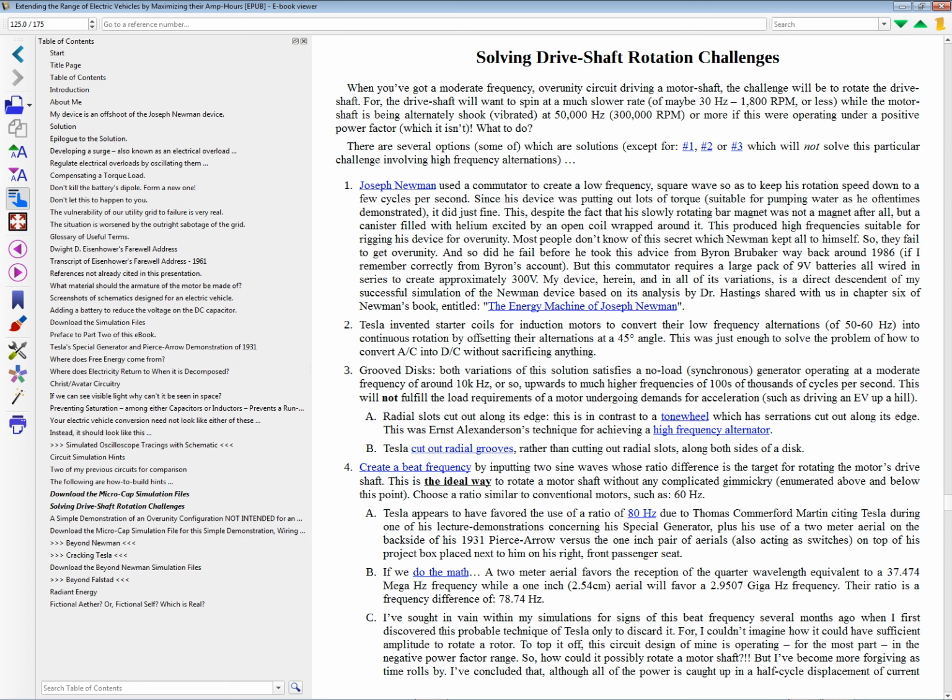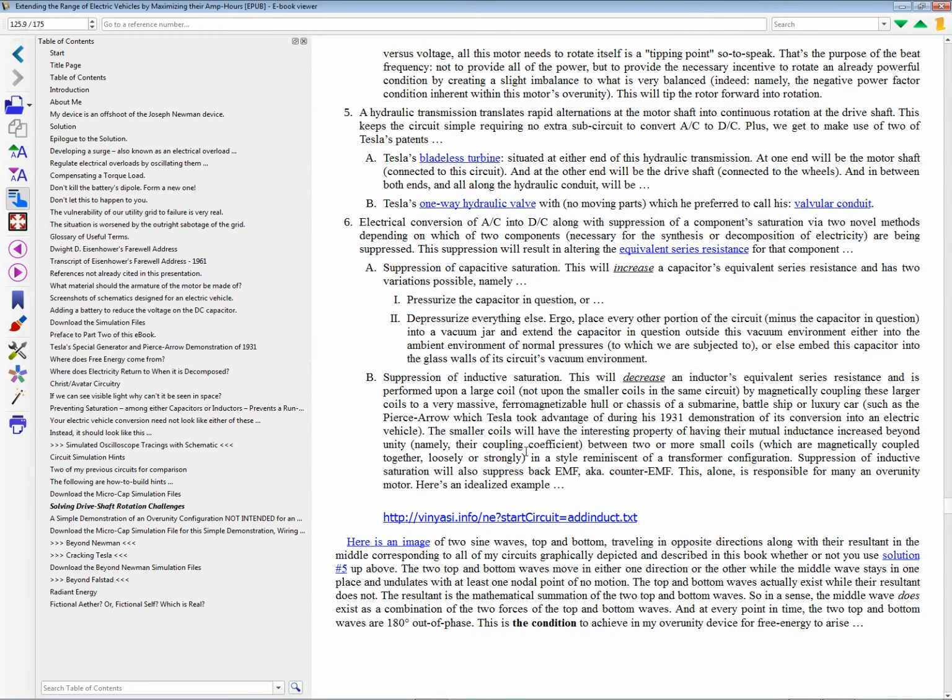What do you do? I cover a few options, I think 1 through 3, which will not work. Everything after that probably will, but starting with option number 5, it gets a little complicated.